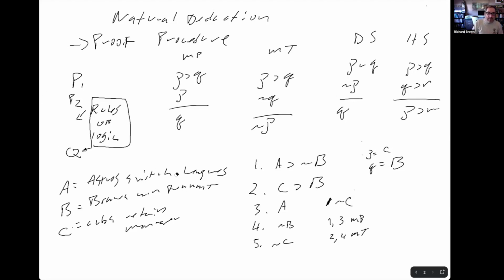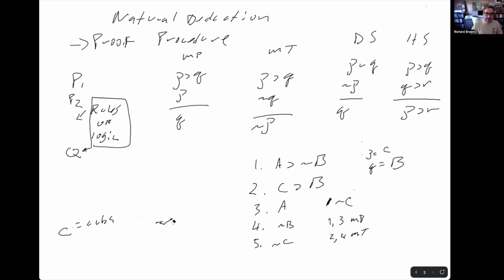It's a step-by-step application of these things that we're taking as kind of basic. Now, of course, we know why we're taking them as basic. We think that modus ponens and modus tollens are intuitively valid.